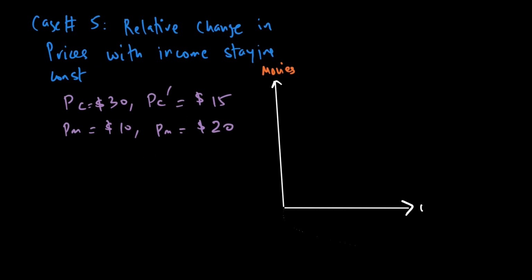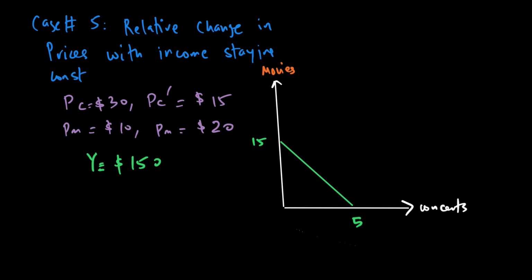So concert is on the x-axis, and previously we were buying 15 and 5 with our income still at, for example, $150.